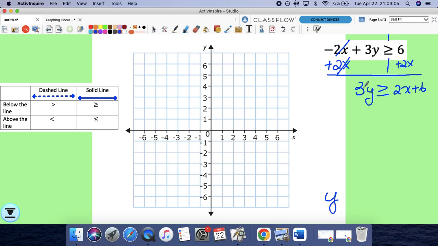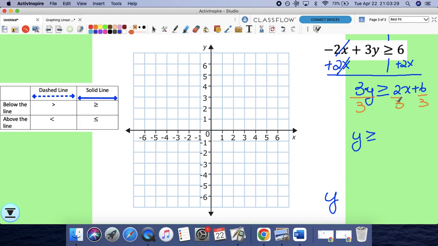Next step, notice that we have to get rid of the coefficient 3. And 3 is multiplying that y, so we're going to use the inverse operation, which is division. So we're going to divide that by 3, and divide every term on the right side by 3 as well. 3 divided by 3 is 1, and 1 times y is y, which is what I wanted.